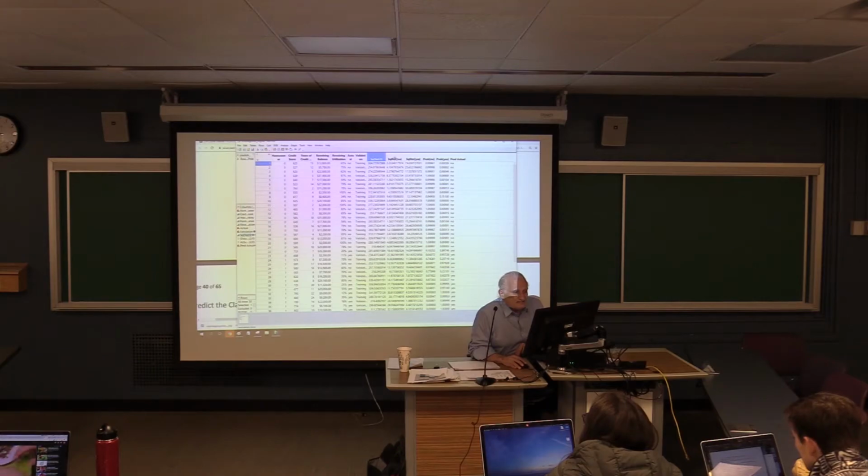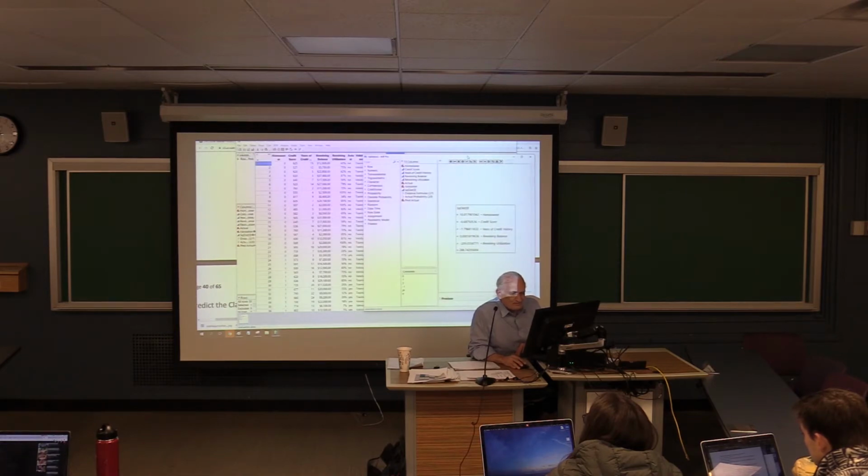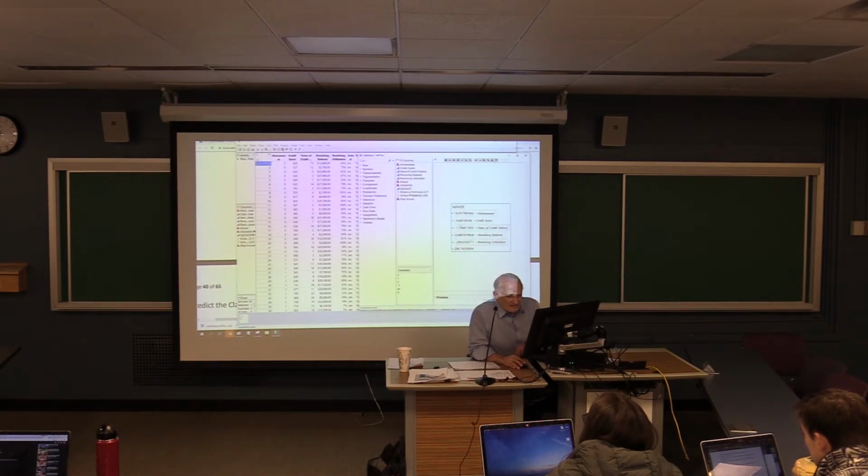Square distance 0. Right click and click formula. This is the Mahalanobis distance plus, here you have these constants, this times homeowner, negative 0.68 times credit score, and so on.